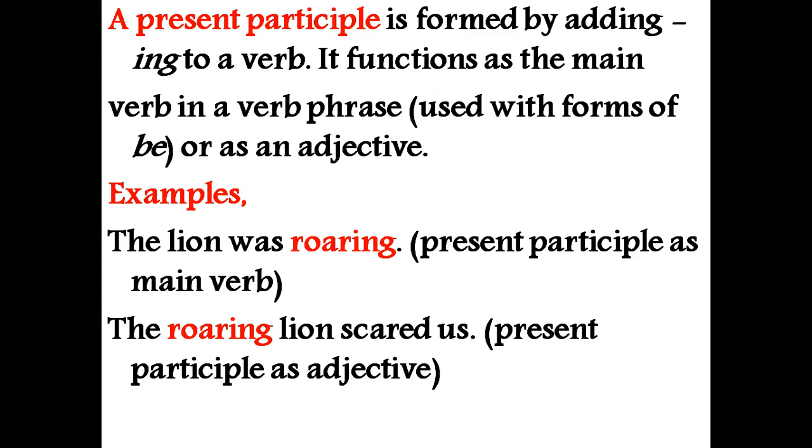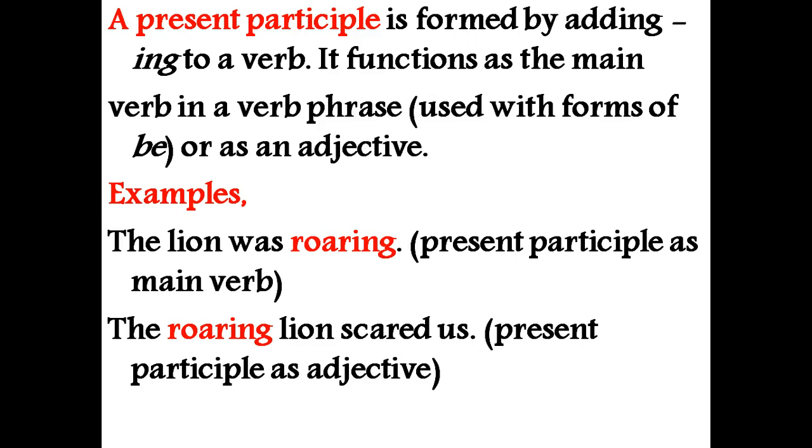A present participle is formed by adding ing to a verb. By adding ing to a verb, it functions as the main verb in a verb phrase used with forms of be, or as an adjective. Forms of be means is, am, was, or were.